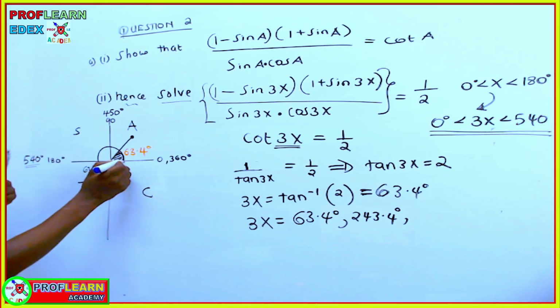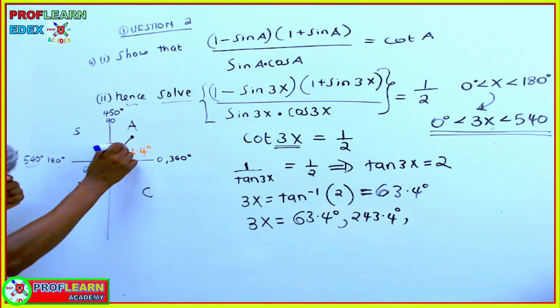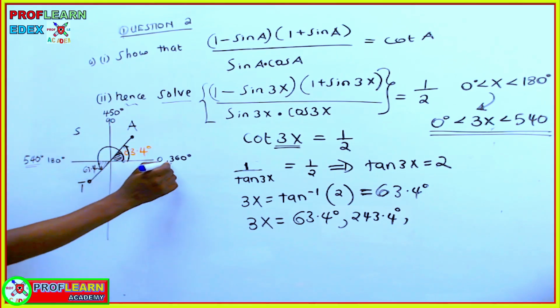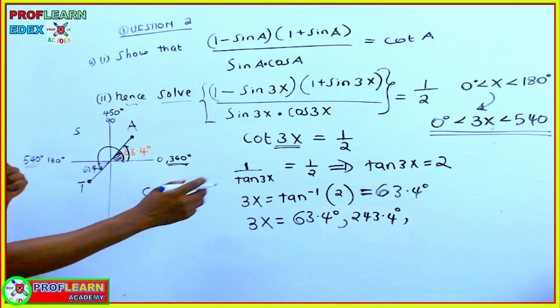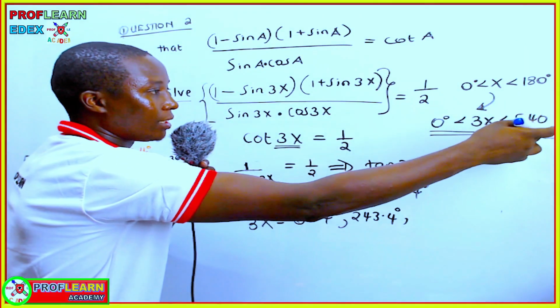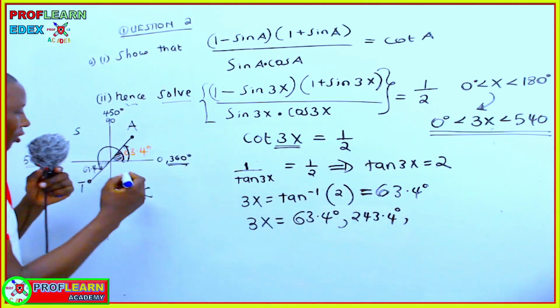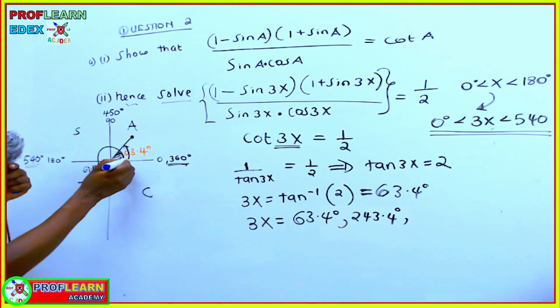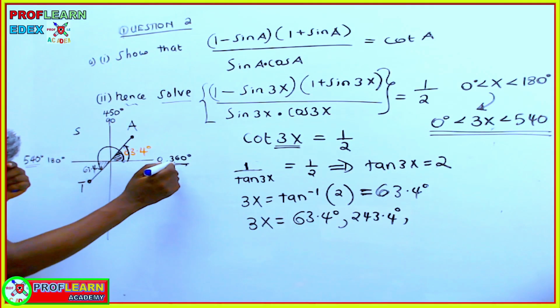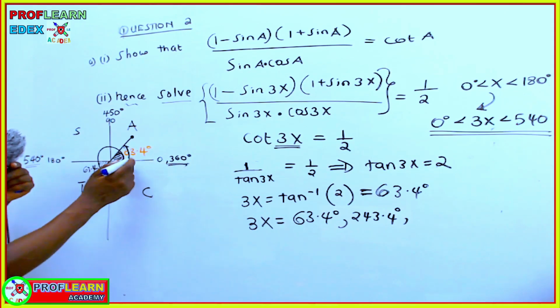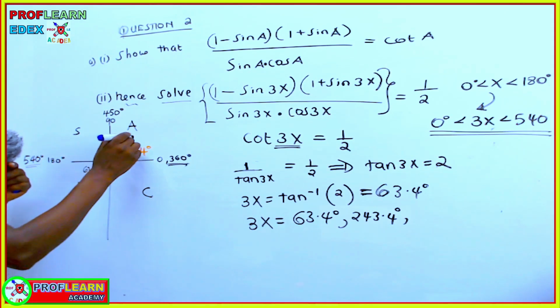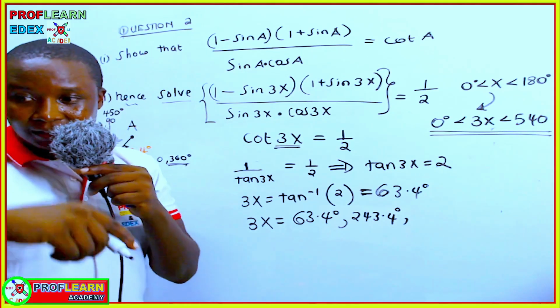Now the next angle is the angle from 360 upwards. 360 plus 63.4 will be in this quadrant here, because the angle must range between 0 and 540. Since we had 63.4 degrees, we add 360 and move again to this point, so that angle will be in the second cycle.